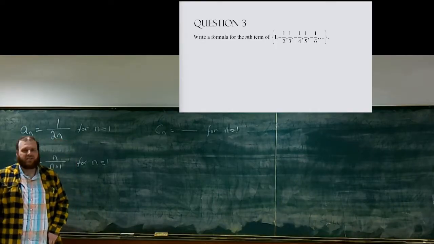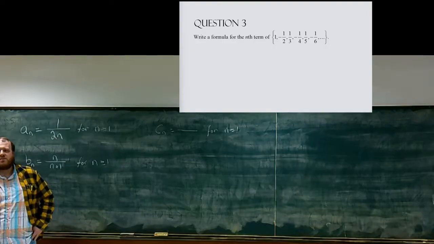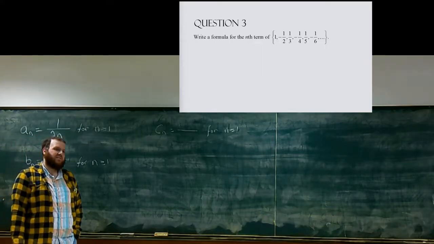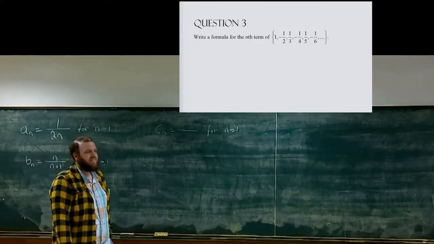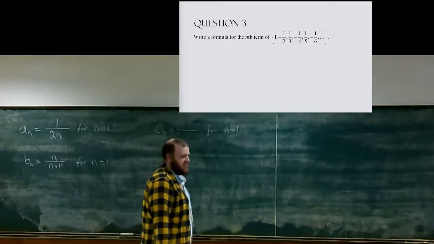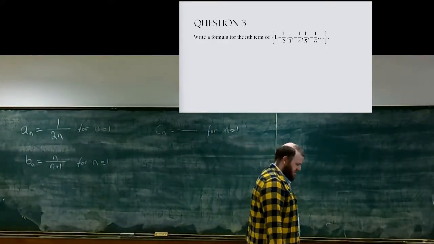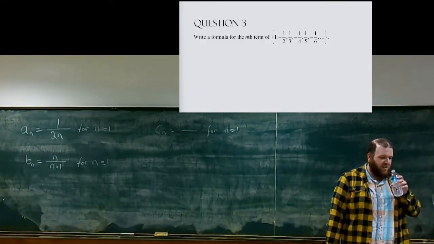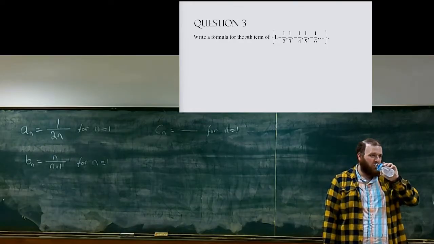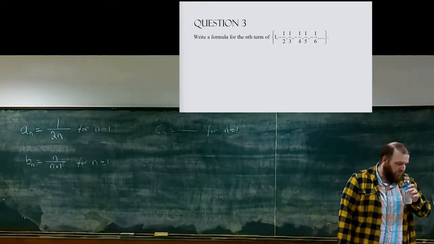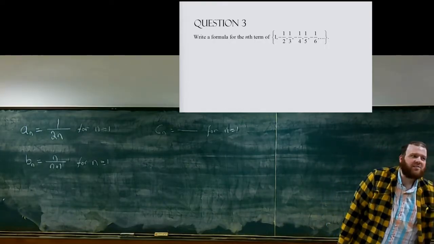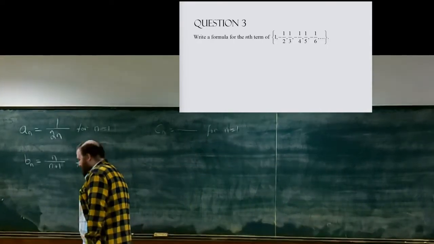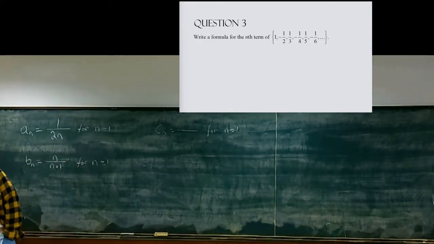What is the first thing you notice about this sequence? It goes from a positive to a negative, to a positive to a negative. That has a special term. It's called alternating.